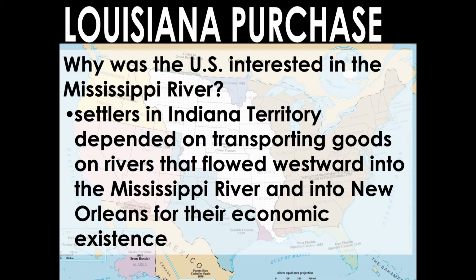So it was really all about trading goods from one end of the country to the other. So they wanted an opportunity to increase economic wealth, to trade, and then also expand westward, also known as westward expansion.